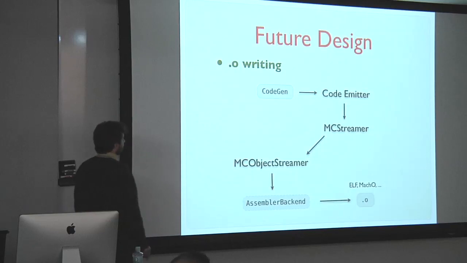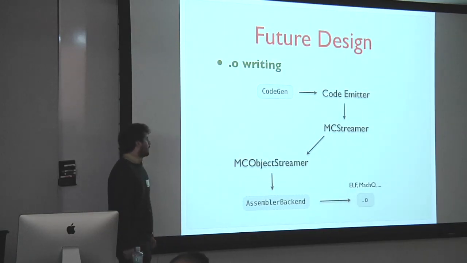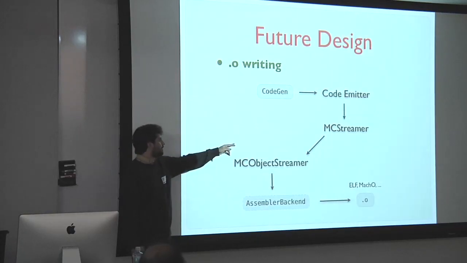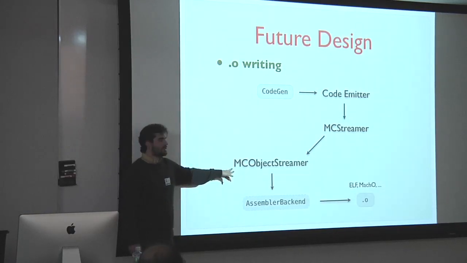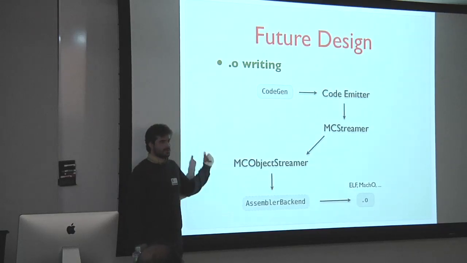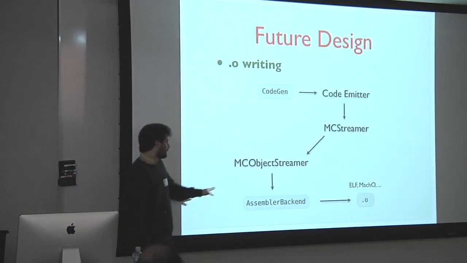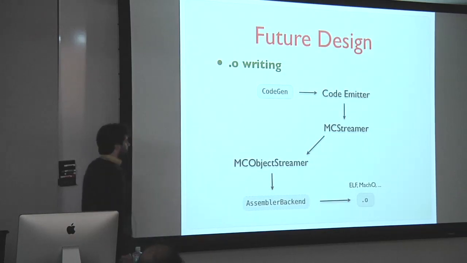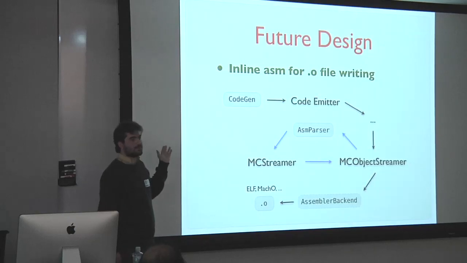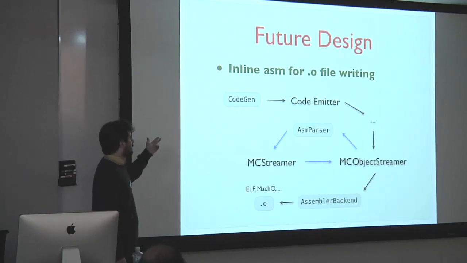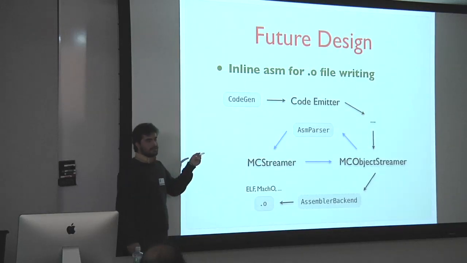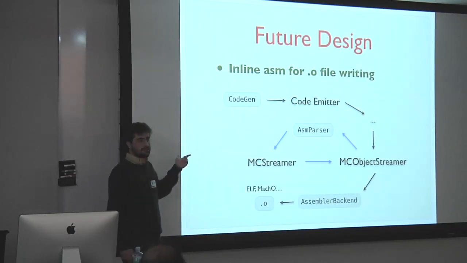For object file emission, like for .o writing, we can have again the same scheme. We go through the MCWriter. We have a new implementation like MCObjectStreamer. We call the assembler backend, which is now part of the llvm-mc, and it outputs a .o for us. The previous limitation is now resolved because we can call the MCObjectStreamer again, but we'll call the assembly parser for the inline assembly stuff.